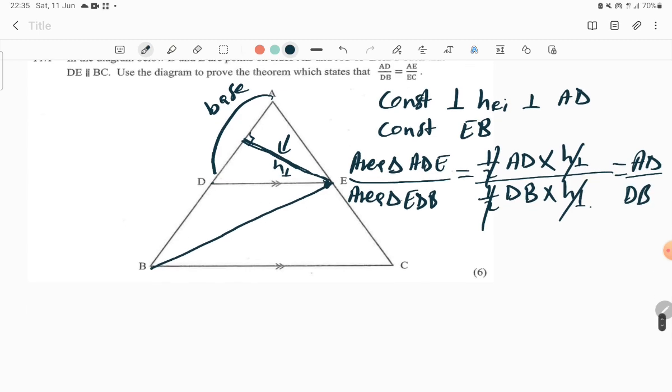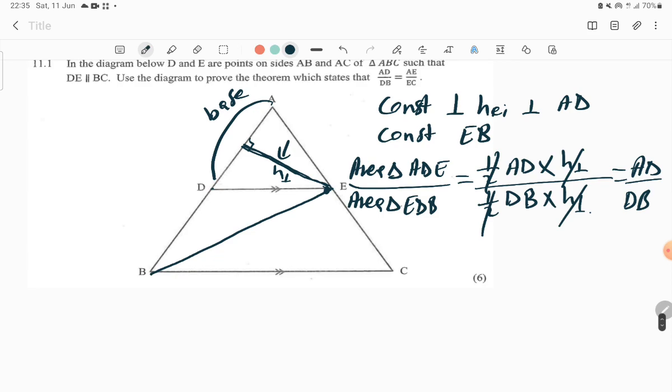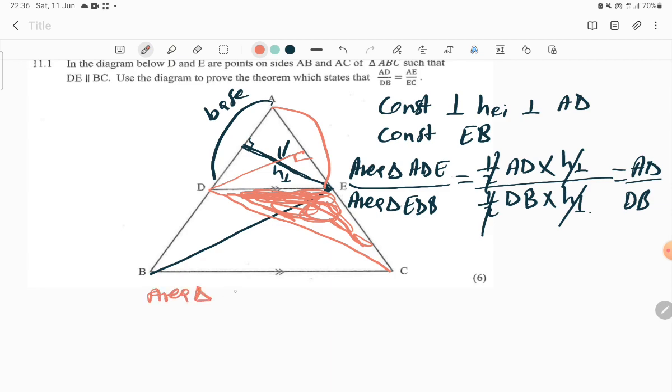Wow, lovely. Coming to the next one, we construct another perpendicular line to this base, and also construct this one, so that we have this triangle. Good. Now we have the area of triangle AED divided by the area of triangle ECD.